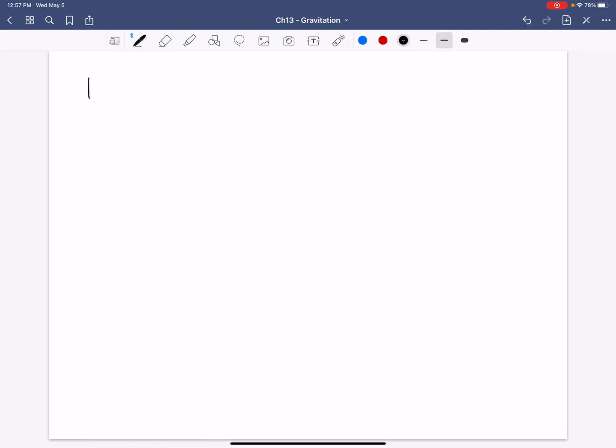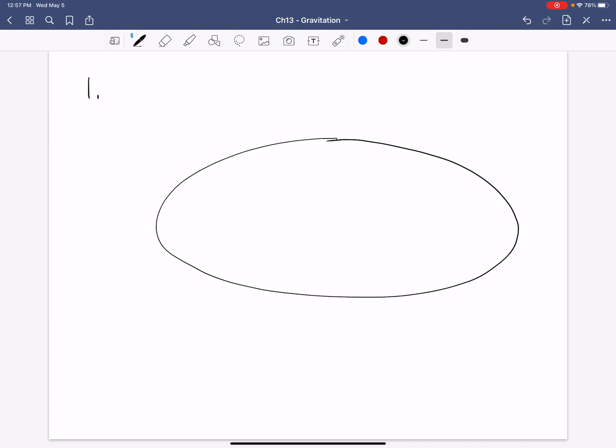Law number one: Kepler said that all planets move in what's known as an ellipse. This is a very exaggerated planetary orbit. Most planets in our solar system are pretty close to circular, but I'm just doing this for demonstration purposes. An ellipse is pretty much the scientific term for an oval. If you were to squish a circle, it would become an ellipse, and the foci points are right here.